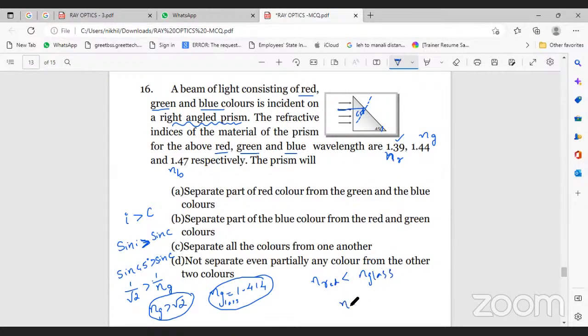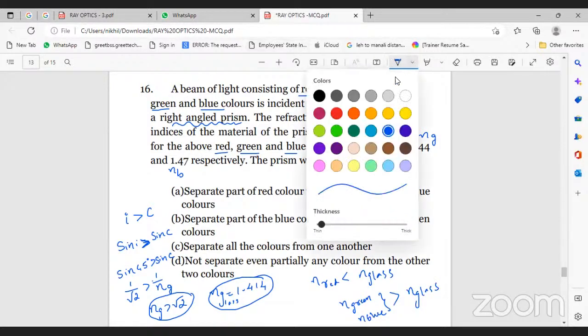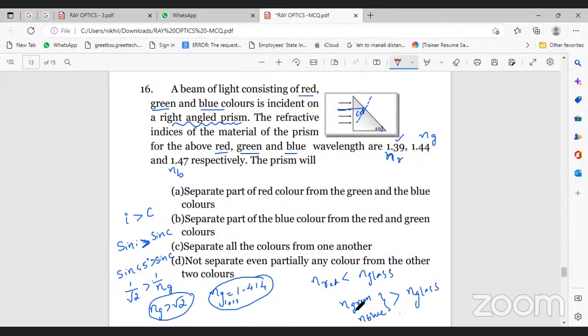But the refractive indices of green and blue, 1.44 and 1.47, are both more than the refractive index of glass.